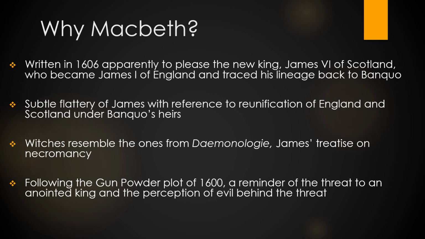Remember, Duncan was the anointed king. So these are all the sub levels or subtexts. Perhaps you need not go into the details. This is just for a little bit of extra information to build up your interest.